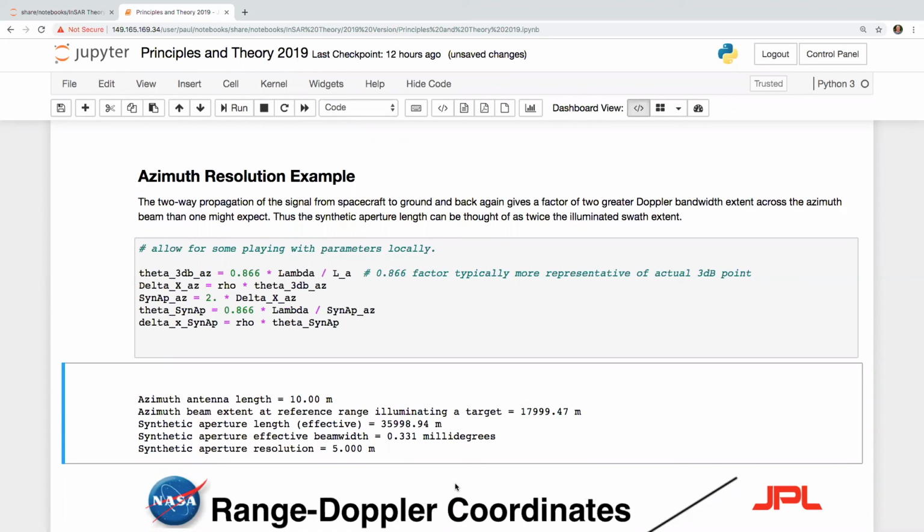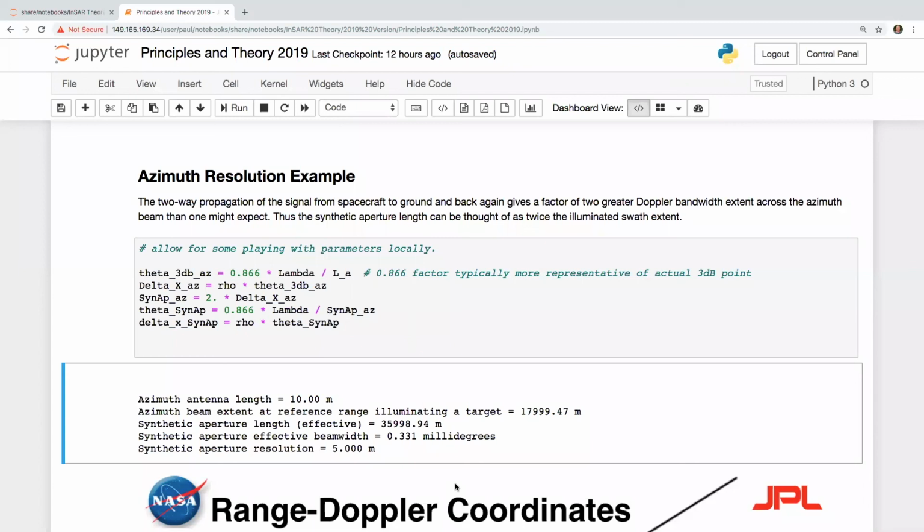In the other dimension, you can change the resolution through other tricks. One is if you have an electronically scanned antenna. We'll talk about this in a little bit. If you have an electronically scanned antenna, you can divide the synthetic aperture into little pieces, and that will lower the resolution in any one swath, but allow you to get more swaths.